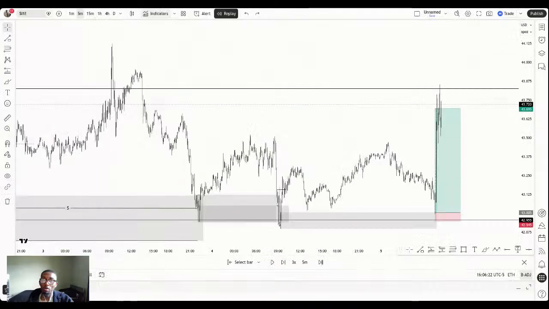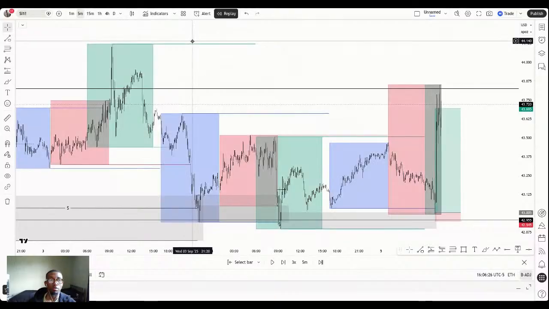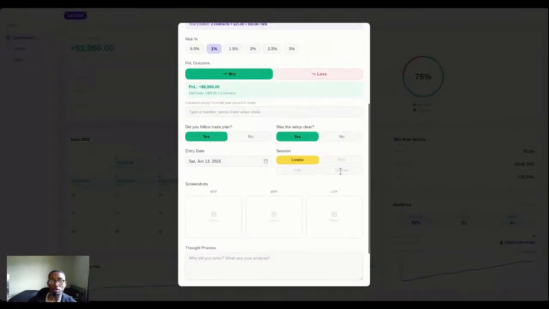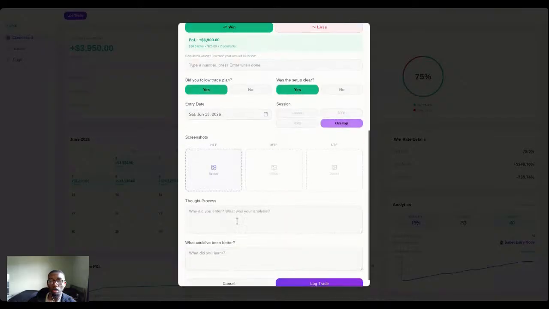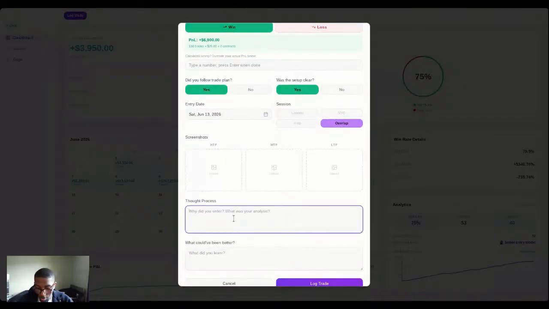Let me see what session that one was. London, well, overlap. I entered in the overlap session, so I can just put this is the overlap session. Why did I enter?